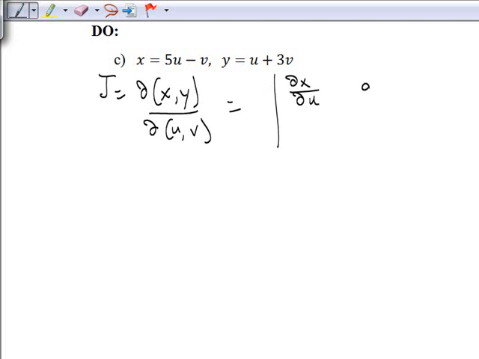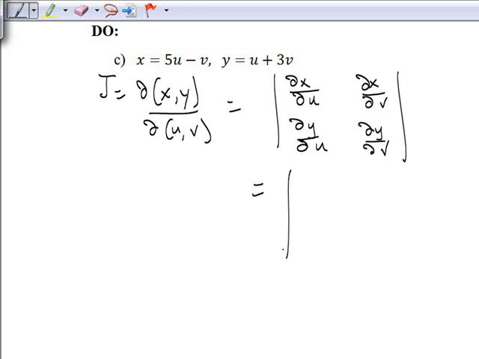And this is the determinant. Again, no difference here. And then, as you got, this is 5 minus 1, 1, 3, which works out to be 15 plus 1, which is 16. Wonderful.